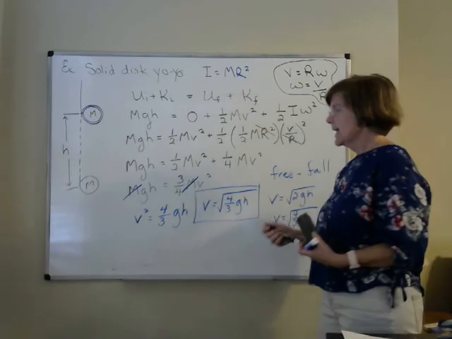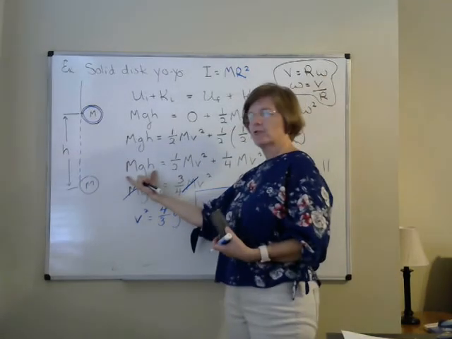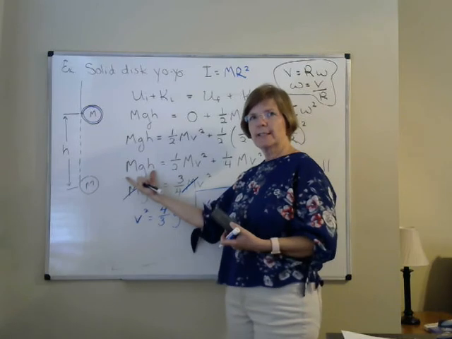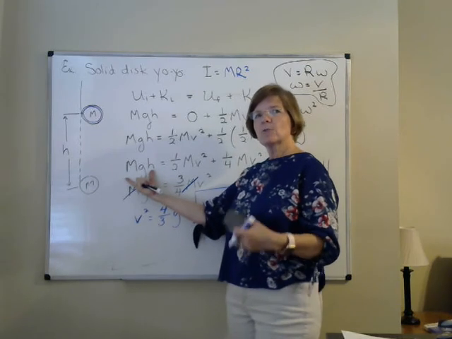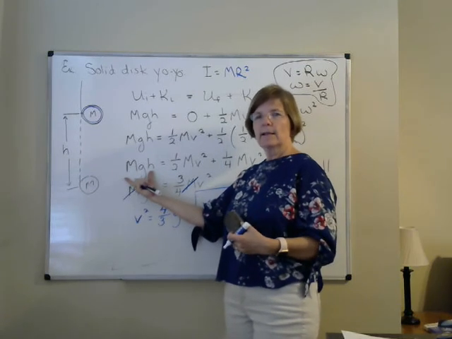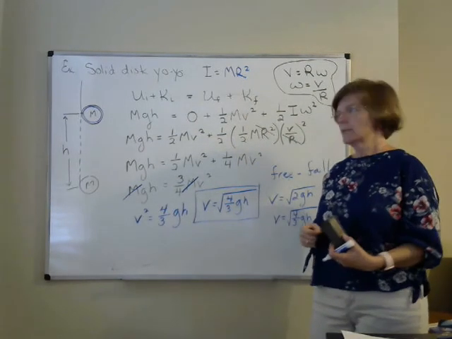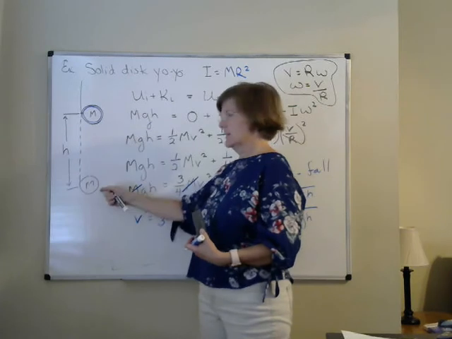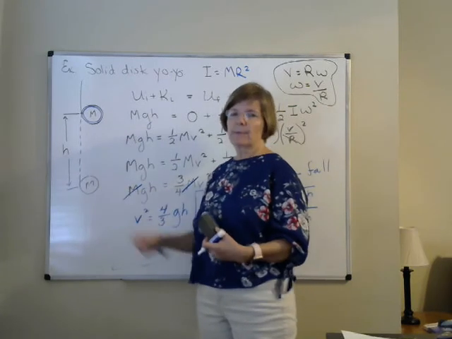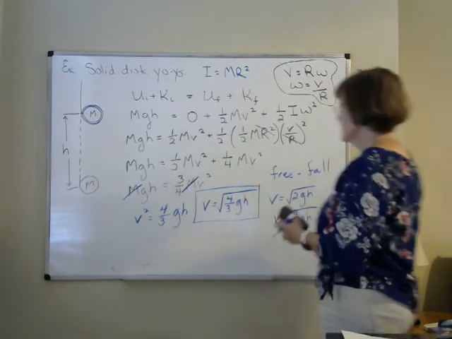We only have a certain amount of energy, mgh. The more energy that's required to rotate, the less energy that will be available to translate. So by the time it's fallen this distance, I think it should be moving slower. So let's look and see what happens.